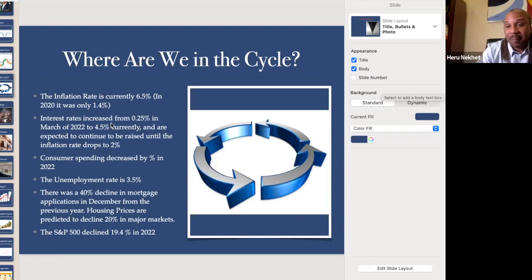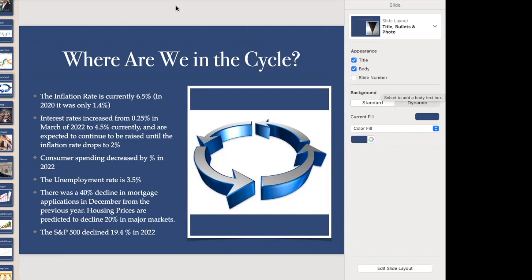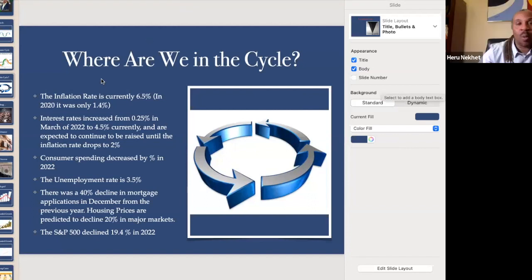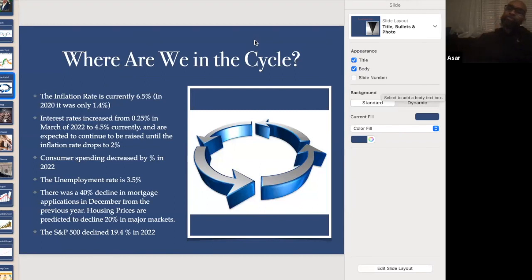Where are we at? Unemployment 3.5, 40% decline in mortgages. Where are we at in the cycle? We're currently in a recession. Are we in a recession?